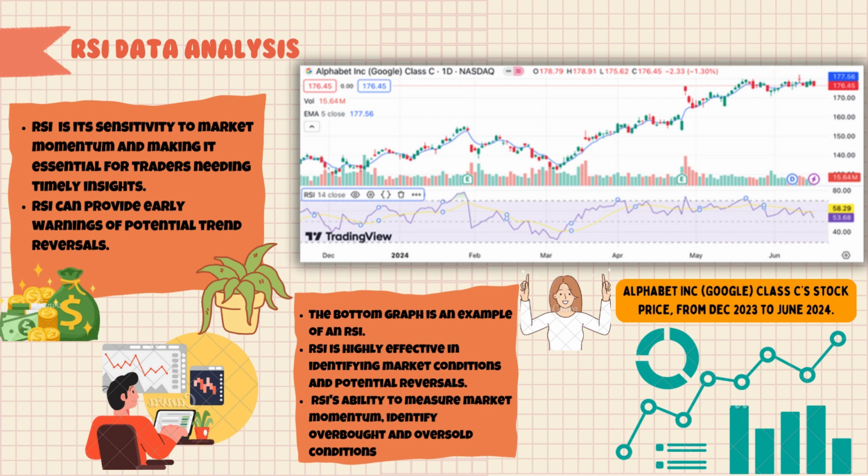RSI has its own sensitivity to market momentum, making it essential for us traders needing timely insights. It really is important because it helps us make informed decisions in both volatile and stable market conditions. It also teaches us when is a good time to invest based on this sort of data.